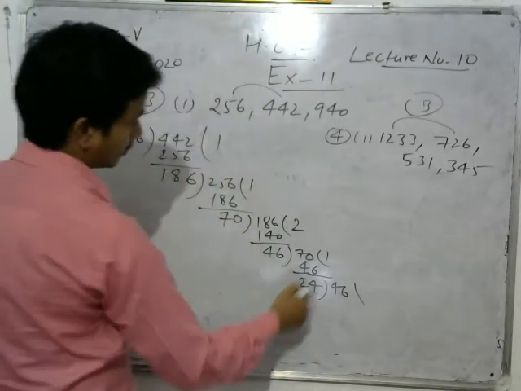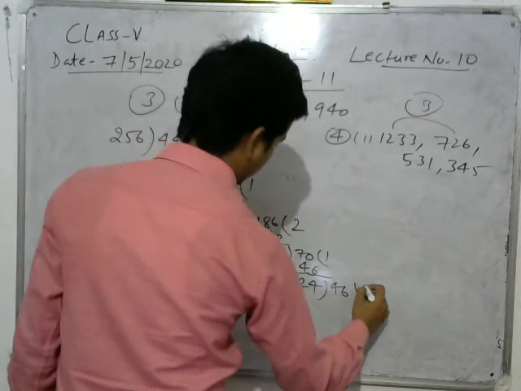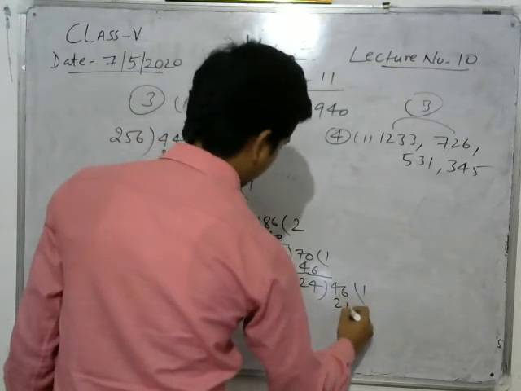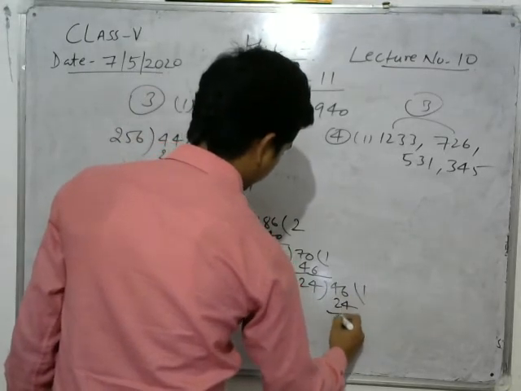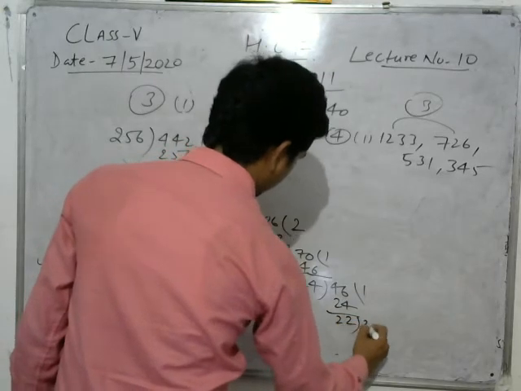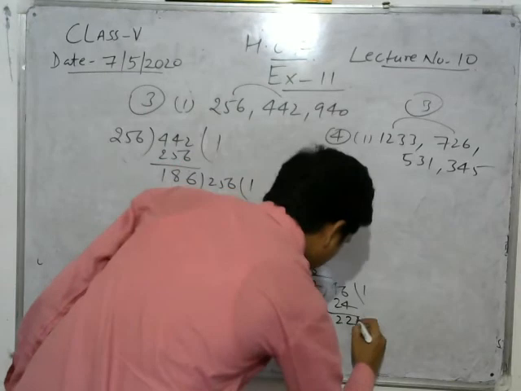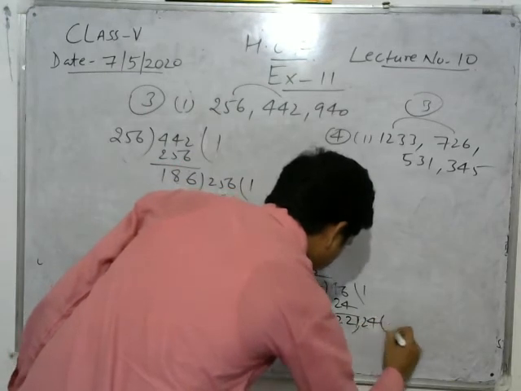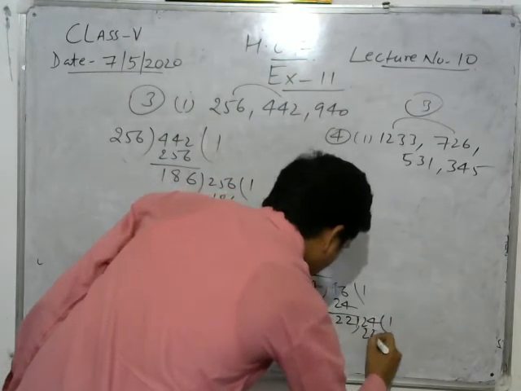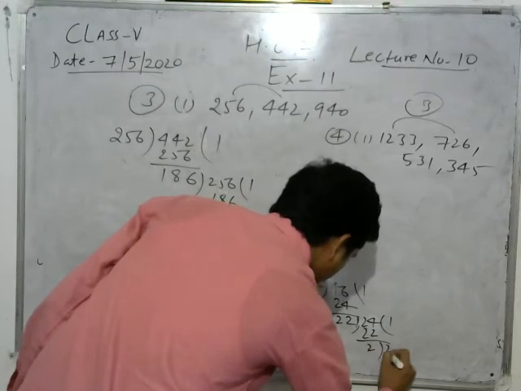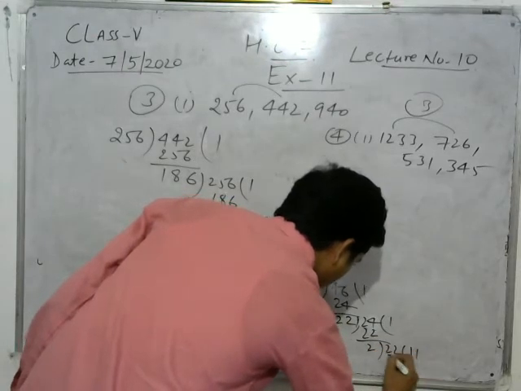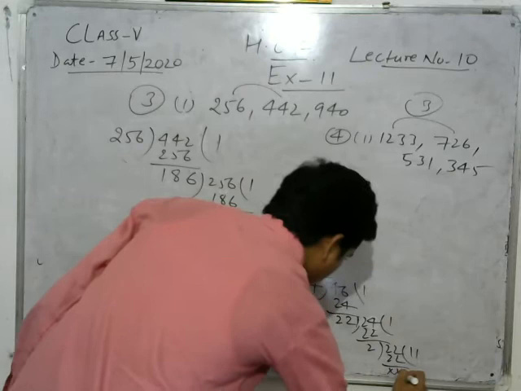Similarly we keep on doing this. 24, 1 is 24, 2, 22. Again 24, 1 times 22, 2, again 22, 11 times 22 will cancel.